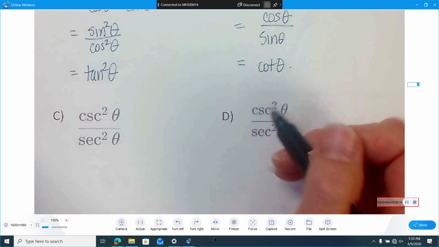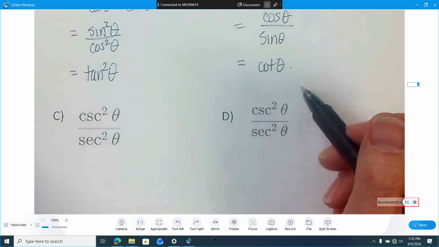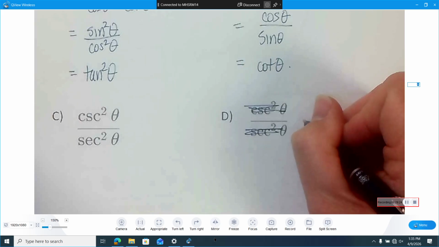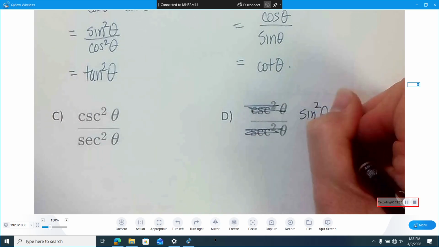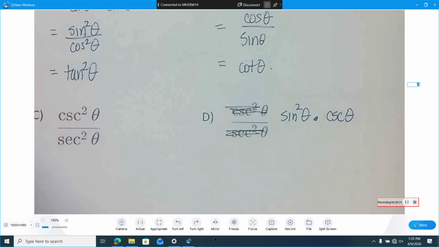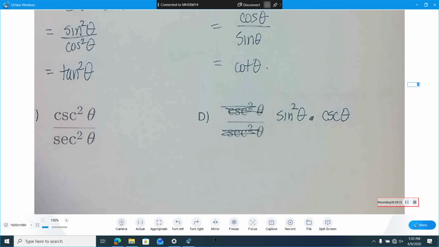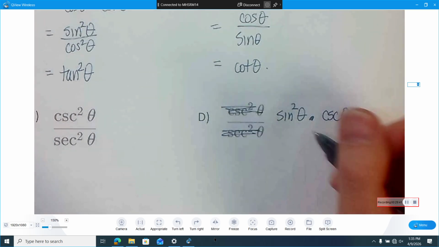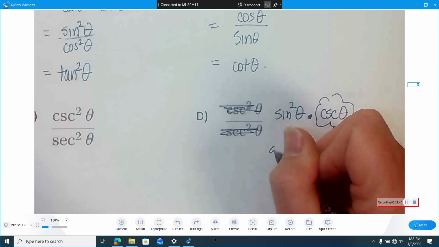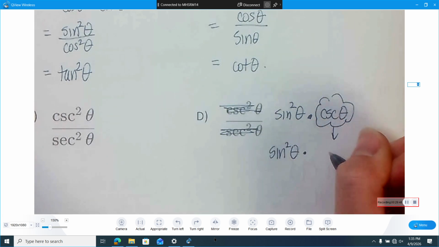Let's just cross that one off and let's just do this problem. Sine squared theta times cosecant theta. Well, I already had it written on here. Let's just do D. So I'm going to rewrite cosecant theta. What can I rewrite cosecant theta as? 1 over sine.